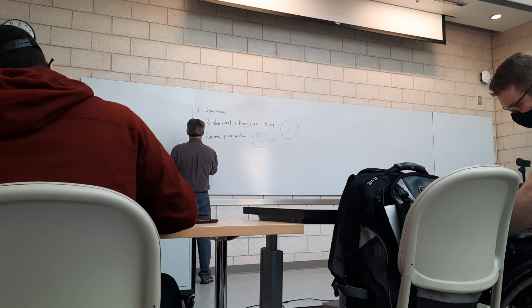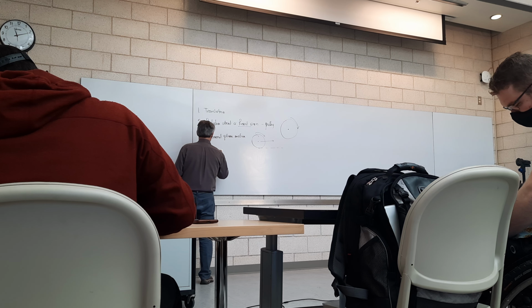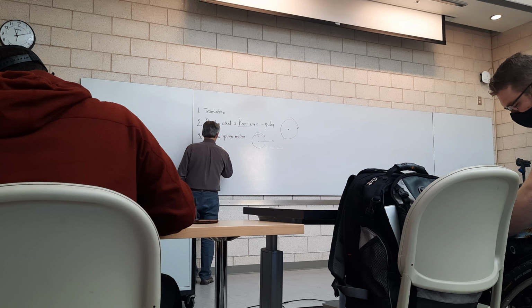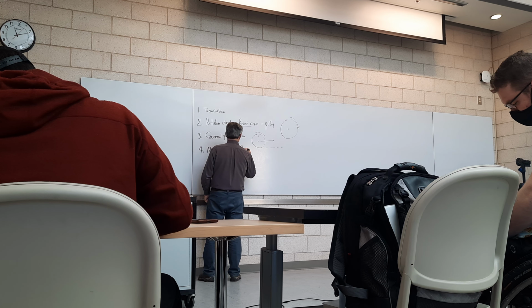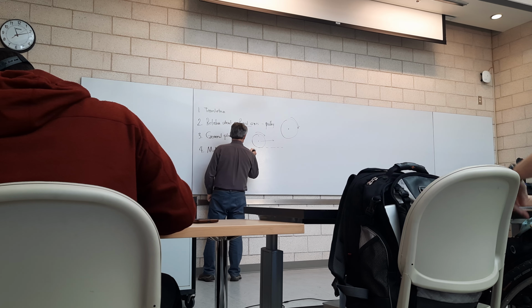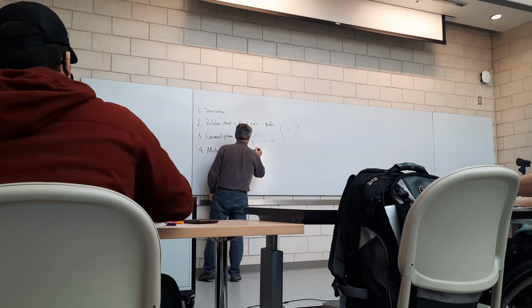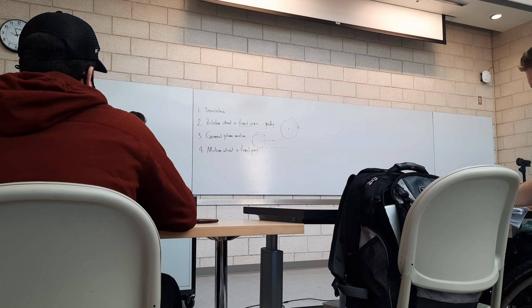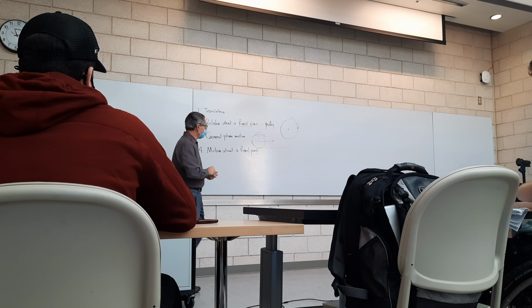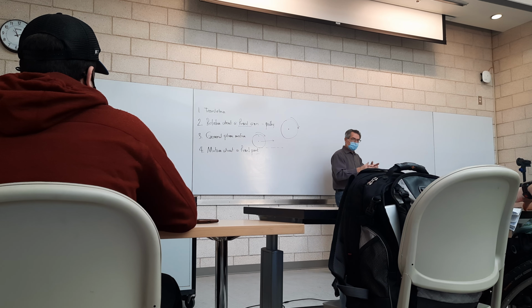The fourth one is motion about a fixed point. The best way to visualize this is one of those tops kids have that you spin, and it spins and stays really upright.